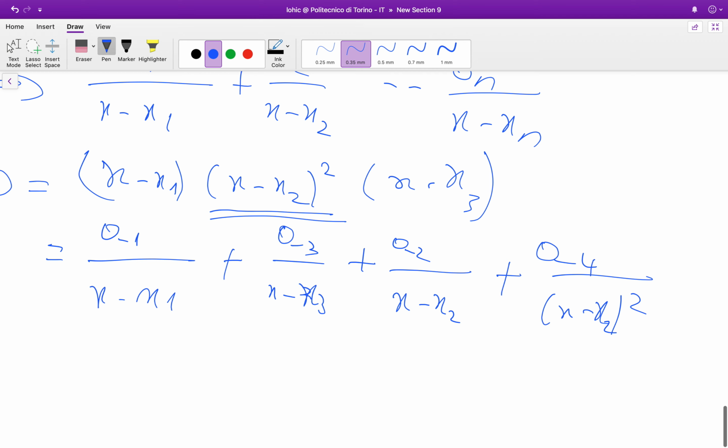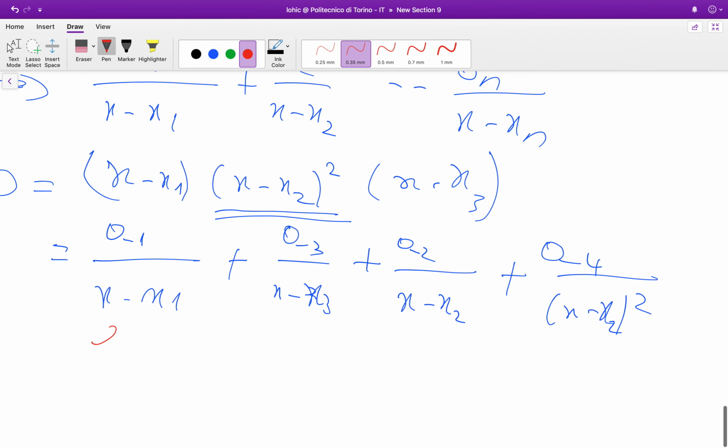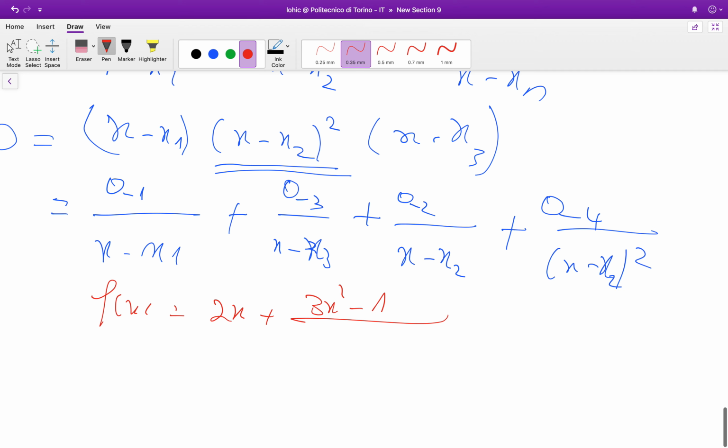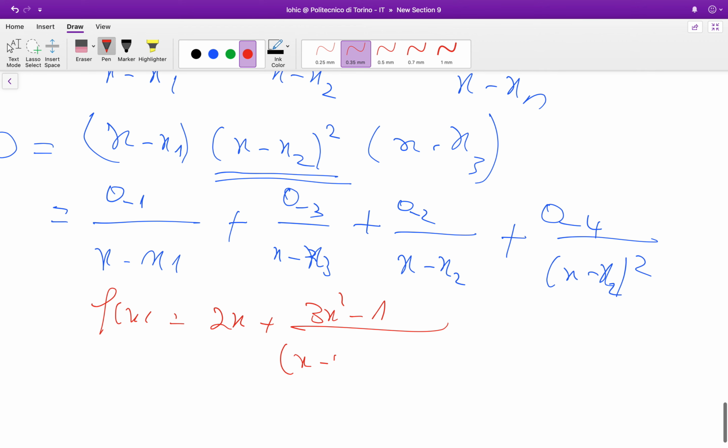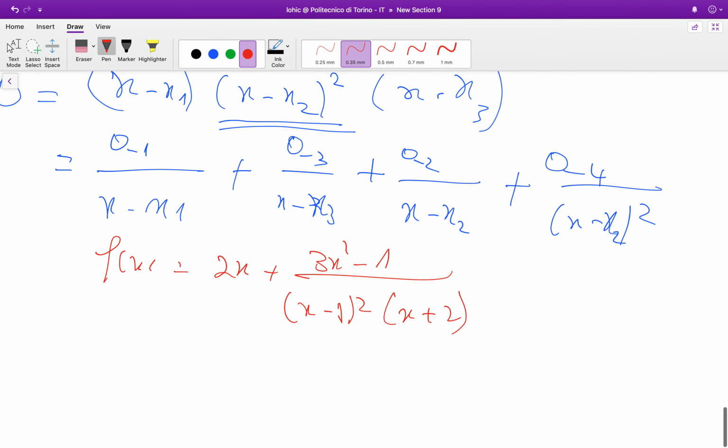So for example, if the function gives you something like (2x + 3x squared - 1) divided by (x - 1) squared multiplied by (x + 2), the identification will be as follows.